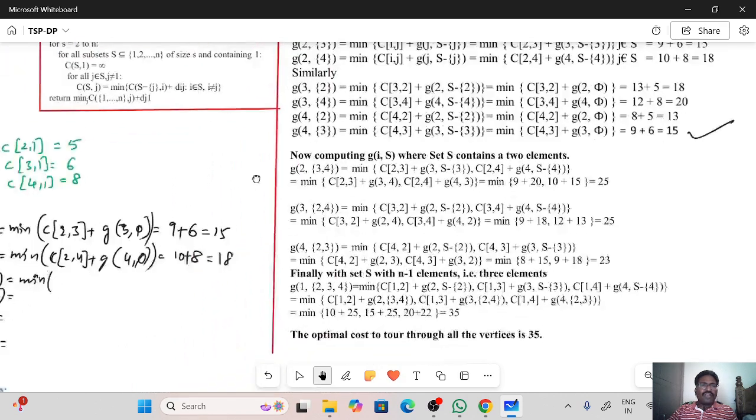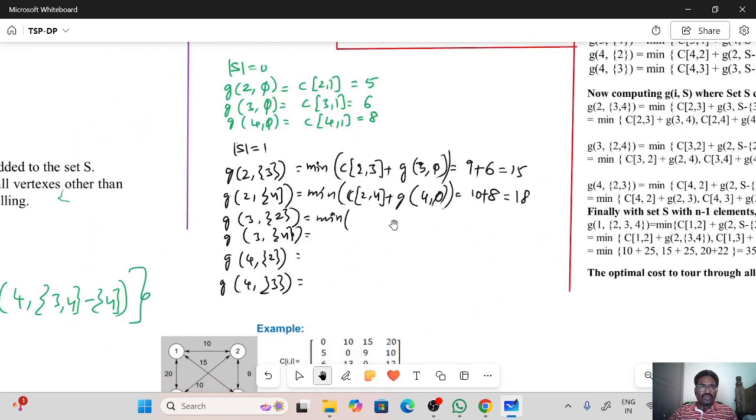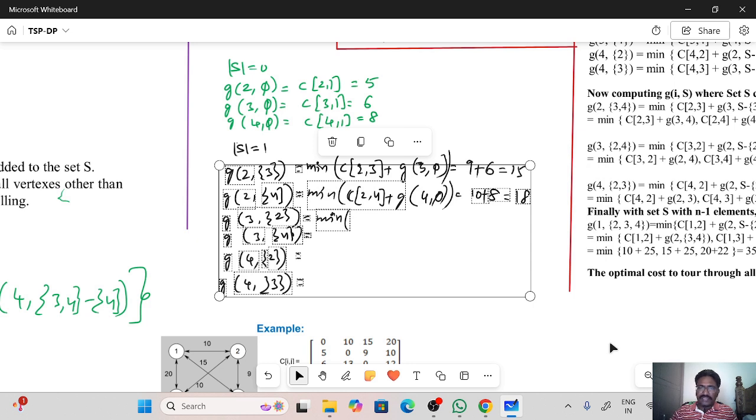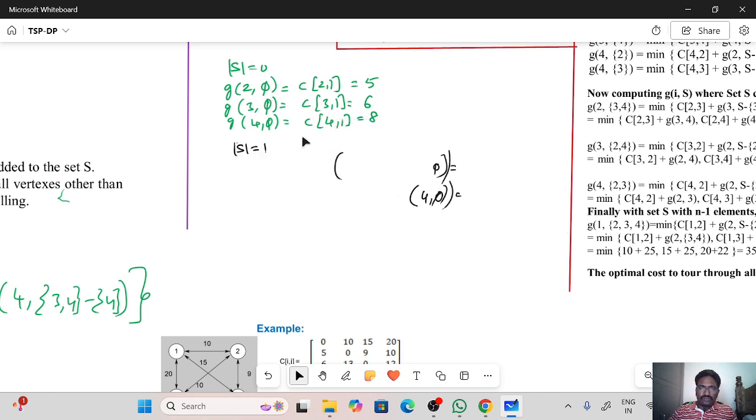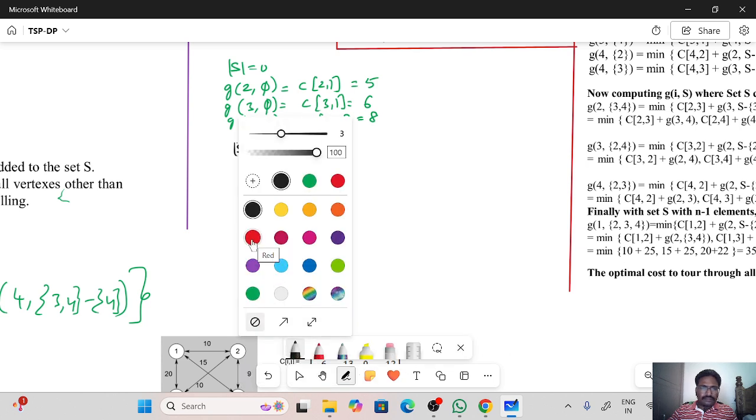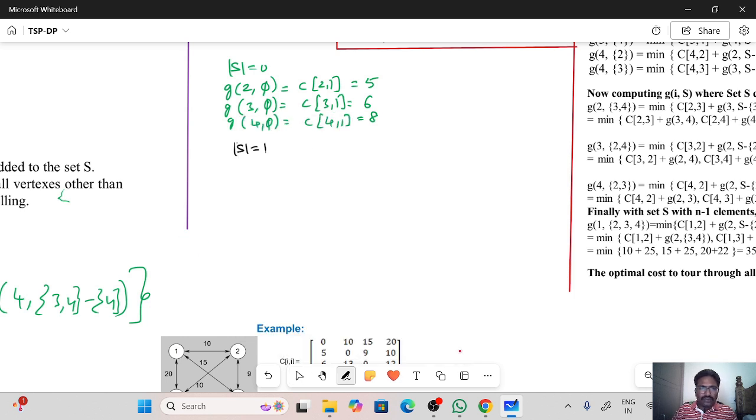So, now I am going to find the values with set length 2, after finding set length 1. Now I consider g of 2 with the set 3 4.